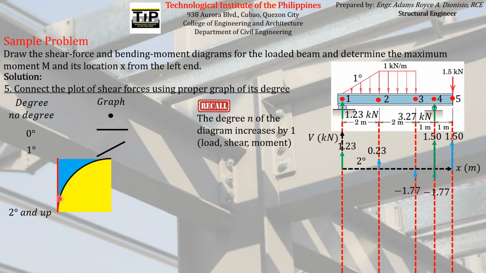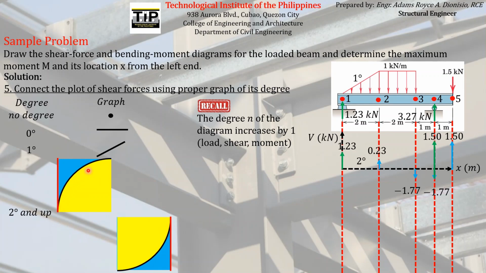So this is the curve for a second degree or third or fourth or any degree higher than 1. This black line. But like what I said before, second degree curves or third degree or any other higher degree can look like this or this one.